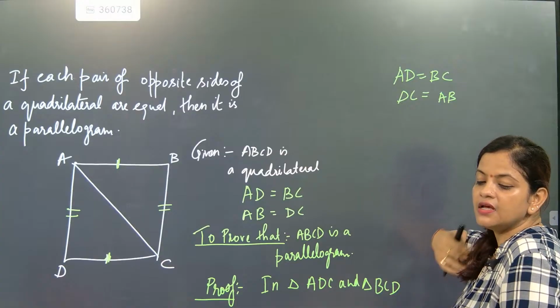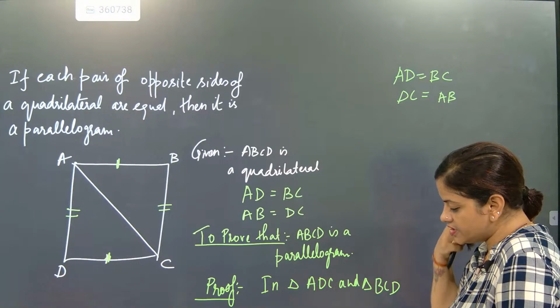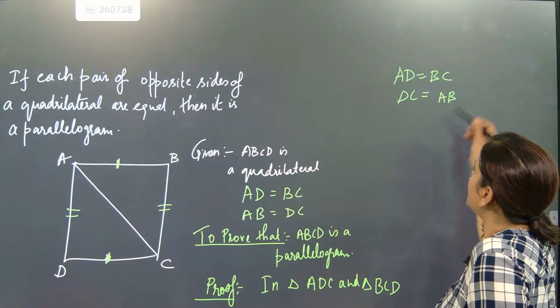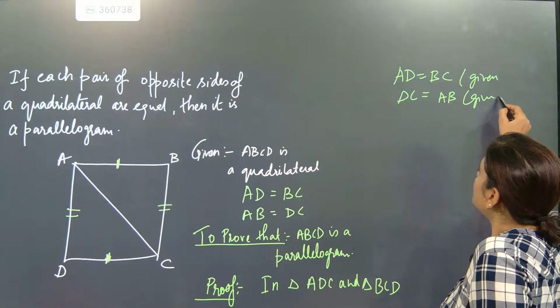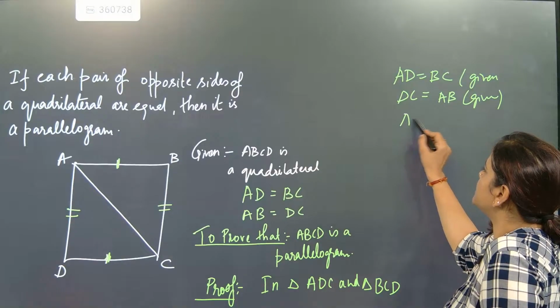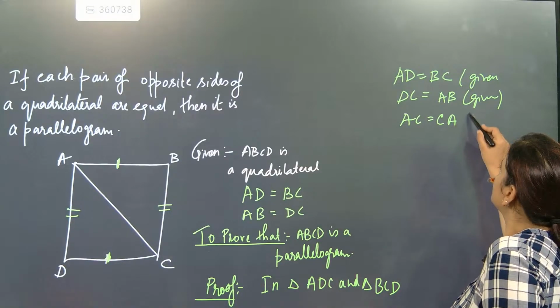Opposite sides are equal. Once you have done that, what next do you have to do? This is actually given. Now, which one are we going to take? AC is equal to CA. This is common.